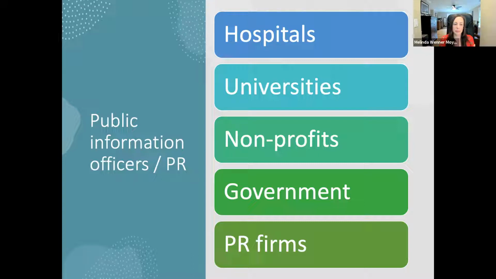So there are public information officers at hospitals, universities, nonprofits, of course, government, and there are independent PR firms as well that represent particular scientists or particular institutes. So these are also wonderful people who can help you find sources.